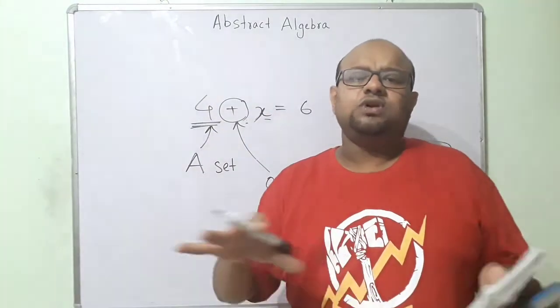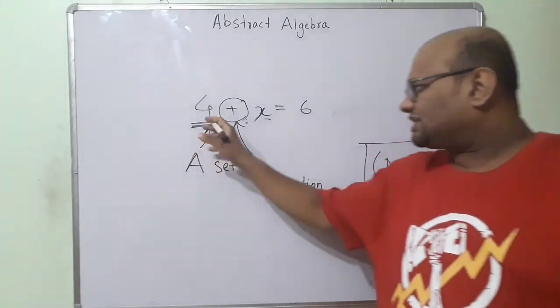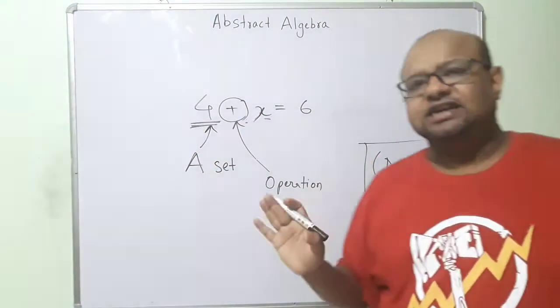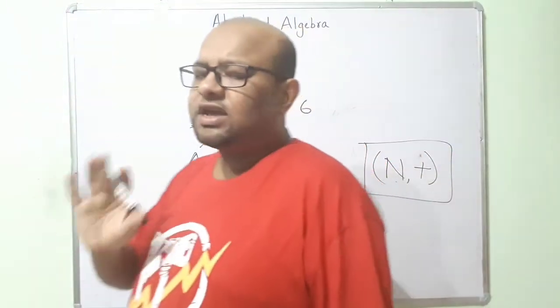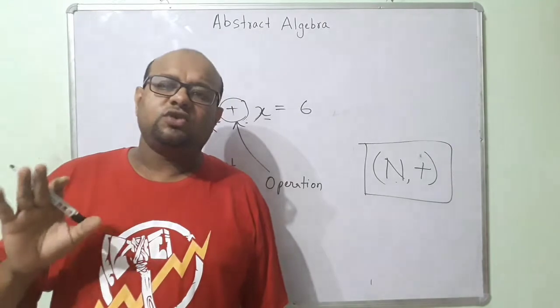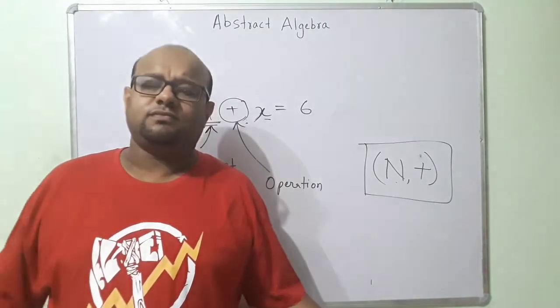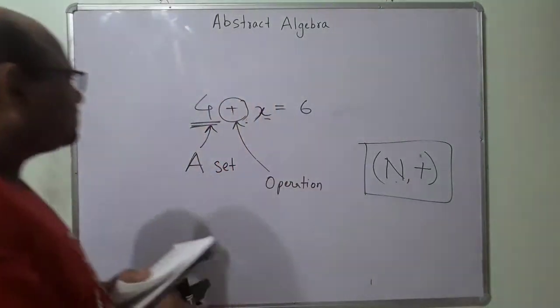We are going to do an abstract view of algebra, and look at the set from which the operands are coming and what the operation is. We are going to see some properties, and based on some properties we are going to make some conclusions. Alright, so let us start.